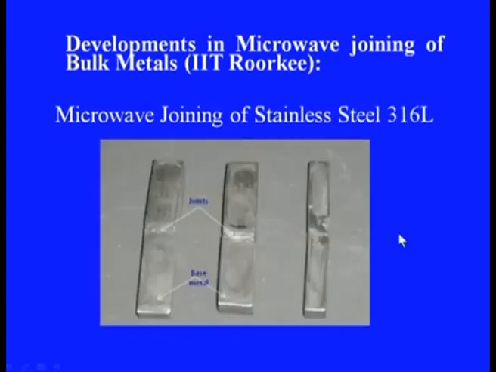We can see some of the specimens being joined by microwaves using stainless steel materials. These are 316 stainless steel plates, and they are being joined in the microwave processing laboratory by using 2.45 gigahertz microwave.